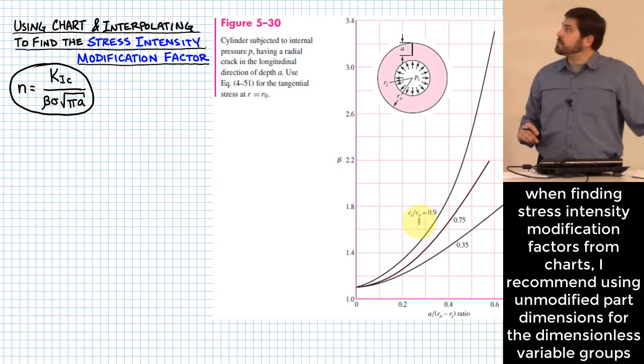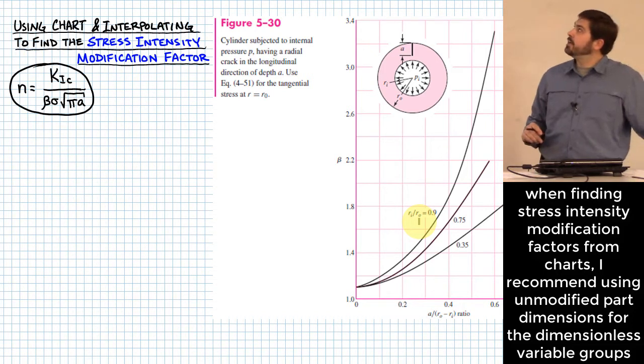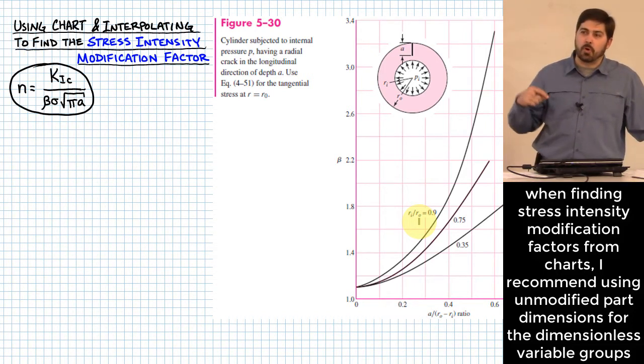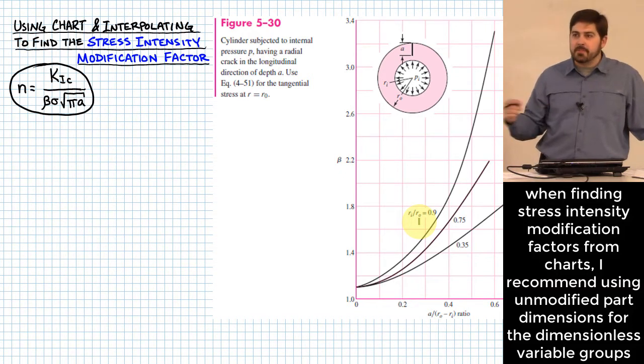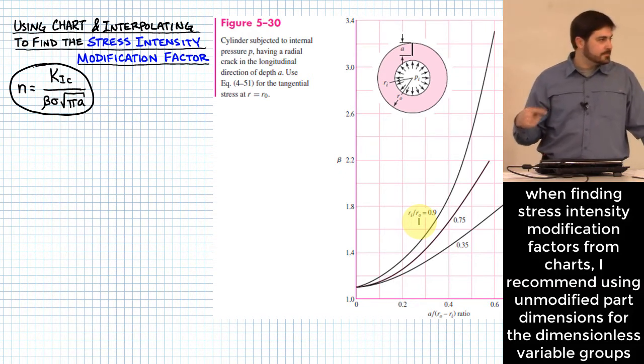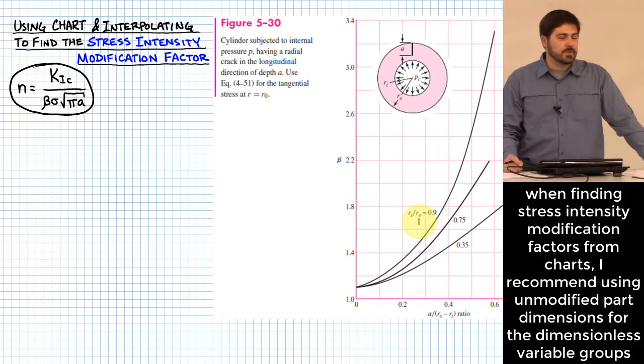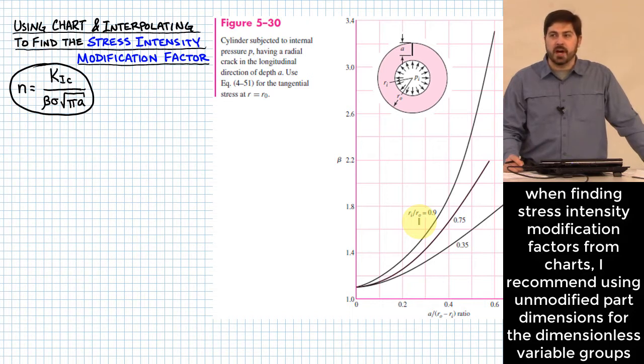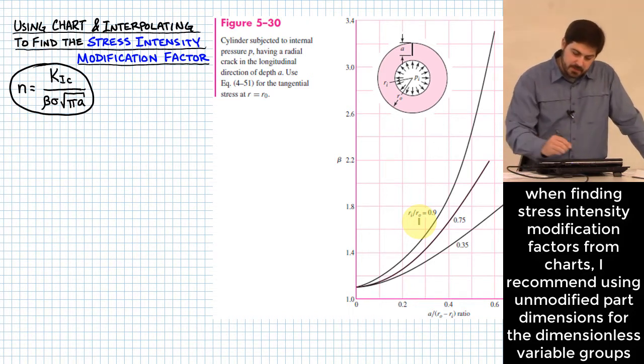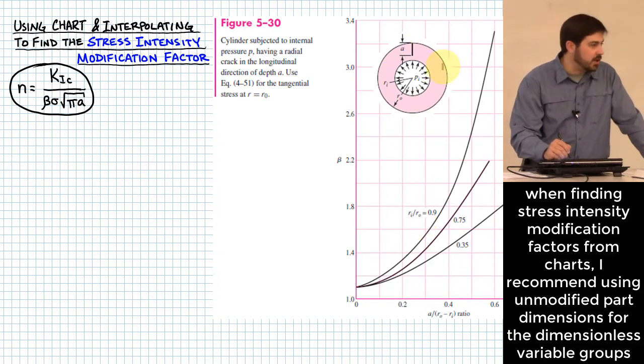Now let me ask you this question. Do you feel like we should use our modified Ro that I used before, or should I use my unmodified Ro? I heard some murmuring. I'm going to suggest that we should probably use it unmodified, because this is essentially exactly our scenario that's given in this picture.